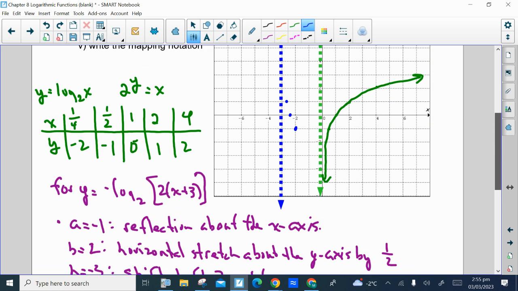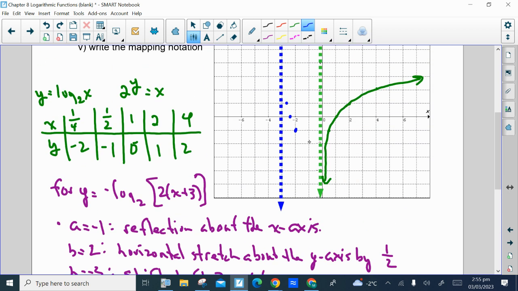And negative 1, comma negative 2. This one goes downwards instead of upwards because of the reflection over the x-axis. So there's our new graph.